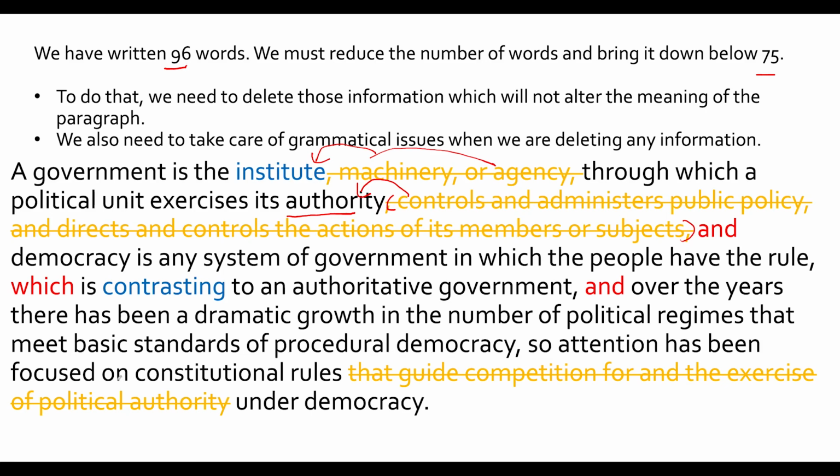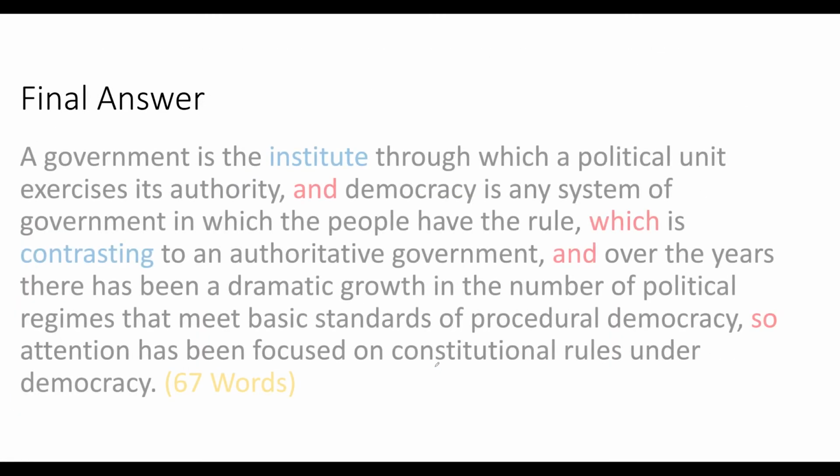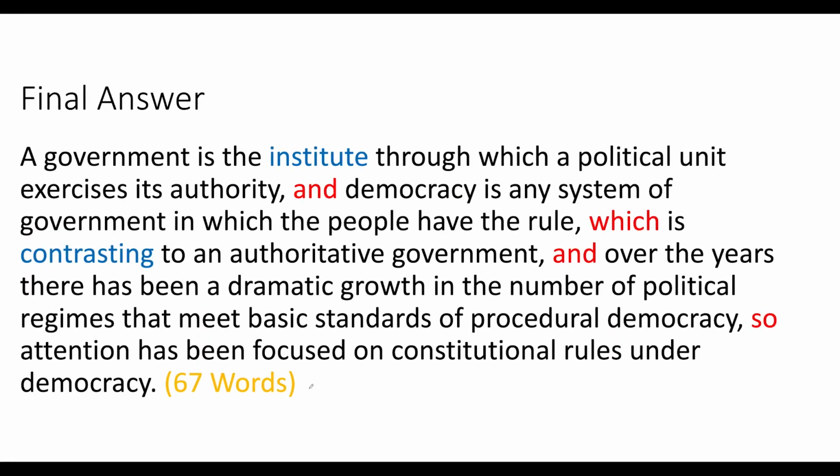So attention has been focused on constitutional rules. Again, if I get rid of this part, if you read it, you will understand that things will not make a difference in terms of meaning. Thus, I am ending up with this final answer, which is 67 words.